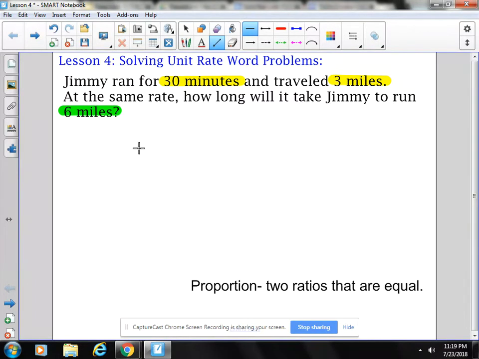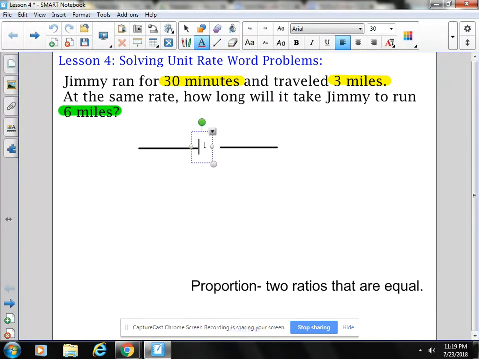Let's set up our proportion. As we stated below, a proportion is two ratios that are equal. We show our ratios as fractions when we are working with rates. So we'll put our equal sign in between, showing that they are equal to one another.